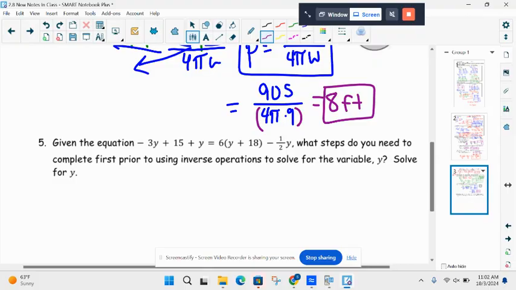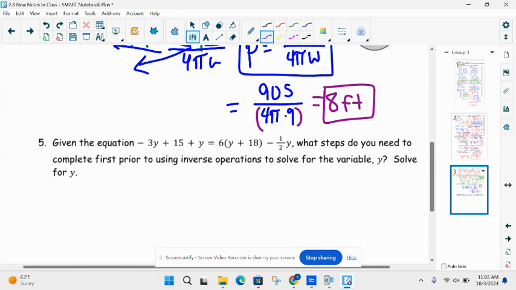And number 5, given the equation negative 3y plus 15 plus y equals blah, blah, blah, what steps do you need to complete first prior to using inverse operations to solve for the variable y? What do you need to do first? Noah? Distribute.